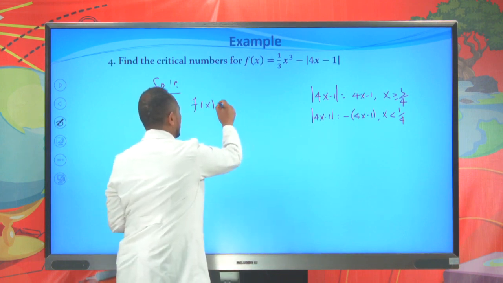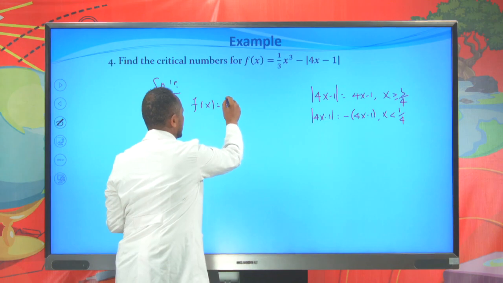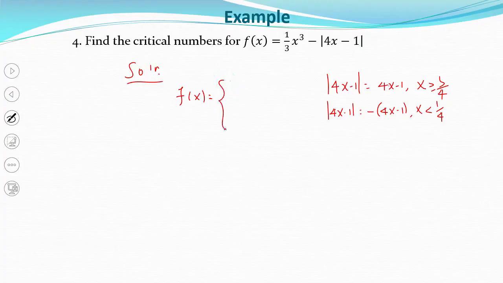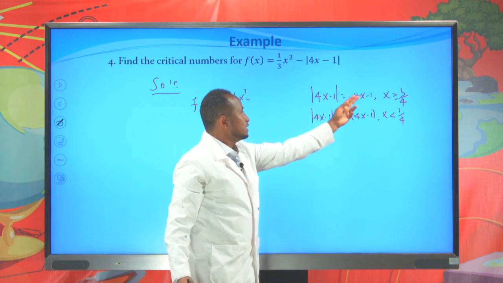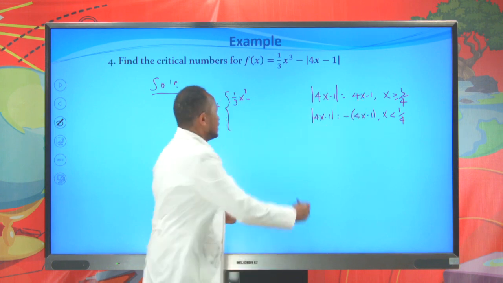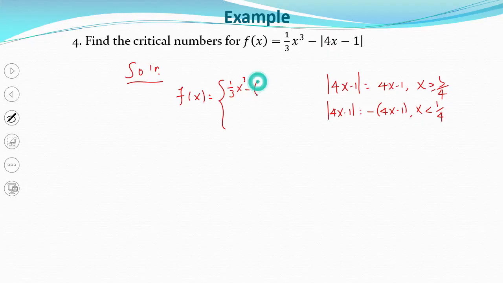Using this concept, we can rewrite f(x) as a piecewise function. It is 1 over 3 x cubed minus (4x minus 1) for x greater than or equal to 1 over 4.